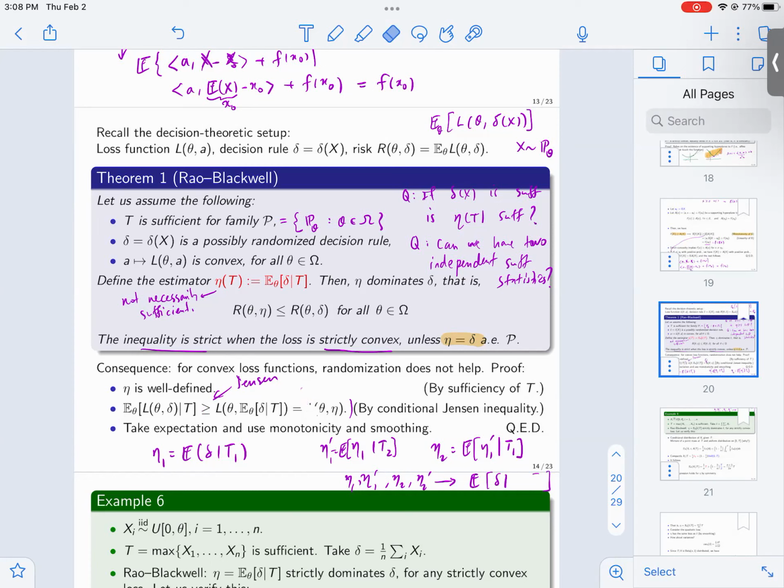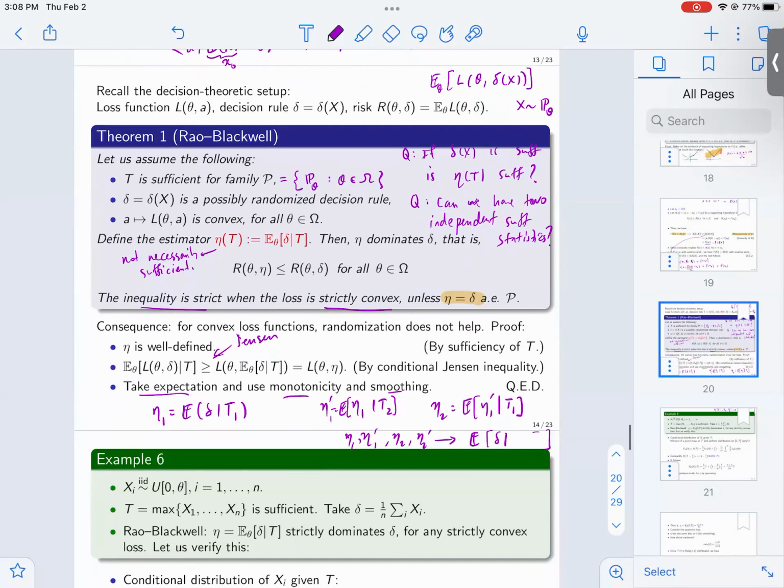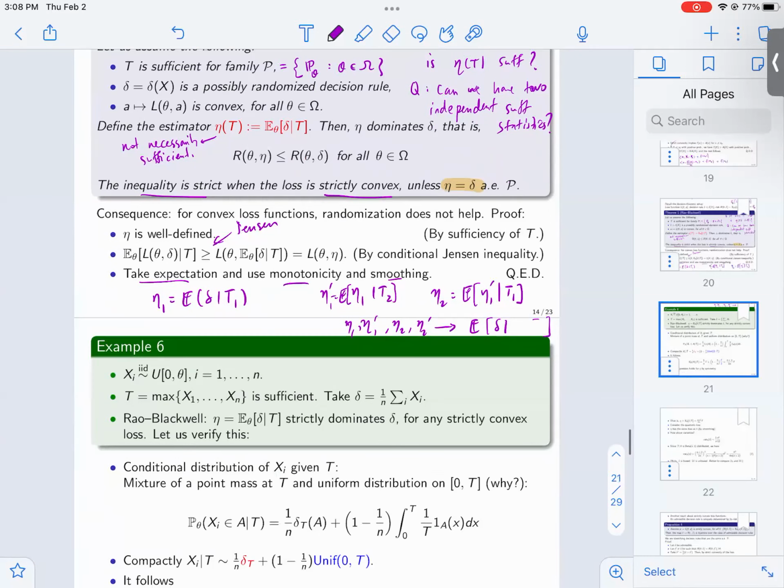You need monotonicity because you're applying expectation. So take expectation, use monotonicity and smooth. That's the proof. And the strict part comes from the strict part of Jensen's inequality statement. You can try to verify that. Okay, that's Rao-Blackwellization, and an interesting discussion about iterated application of it.